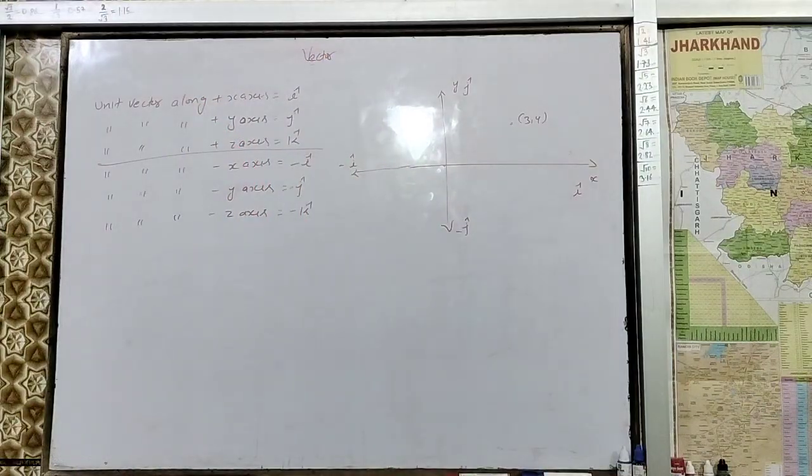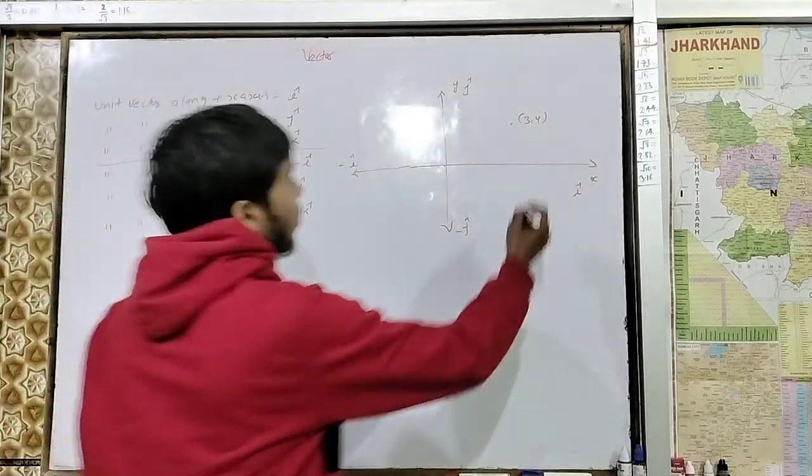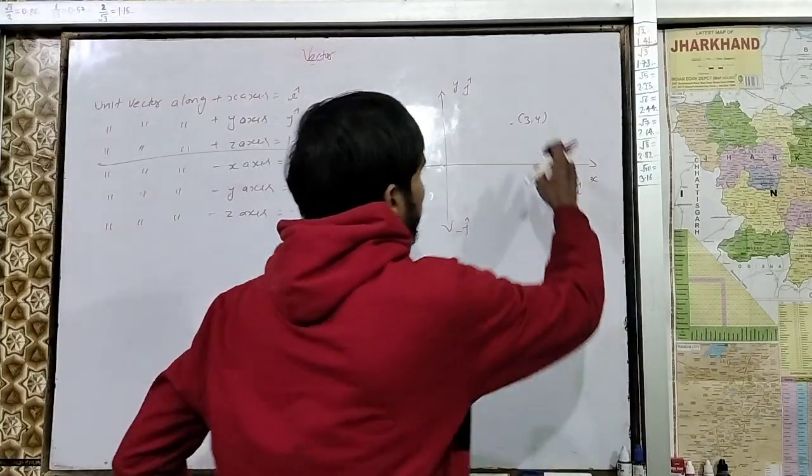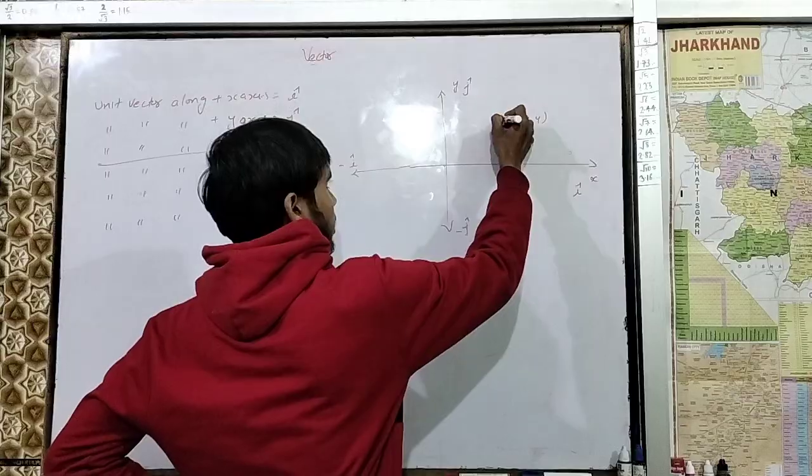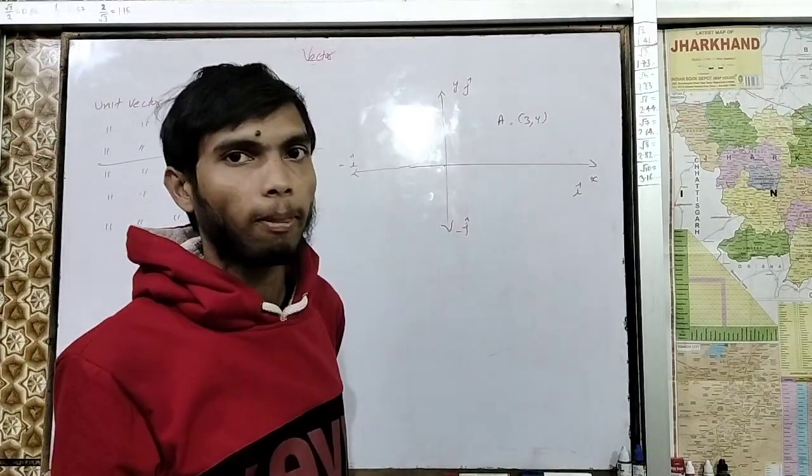Position vector is a vector which starts from origin and ends at the location of a particle. There is a coordinate which is 3 comma 4, and let's say this is a particle.